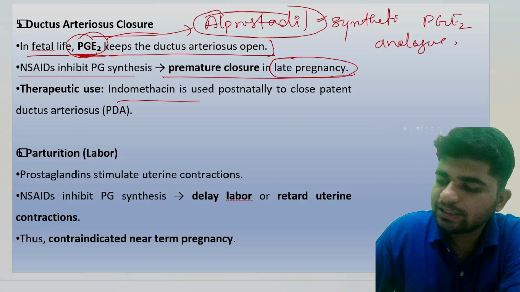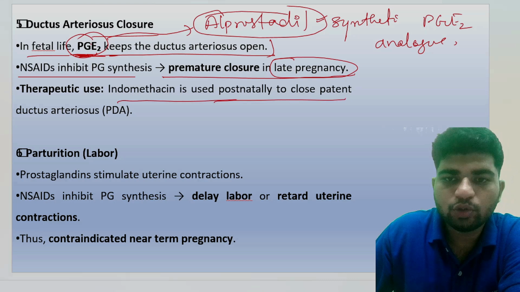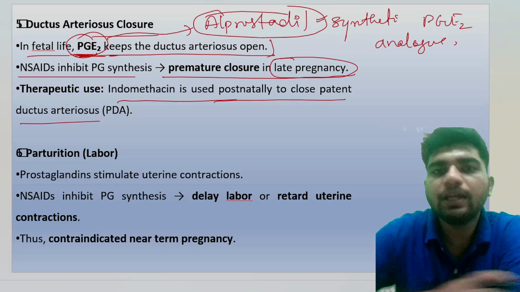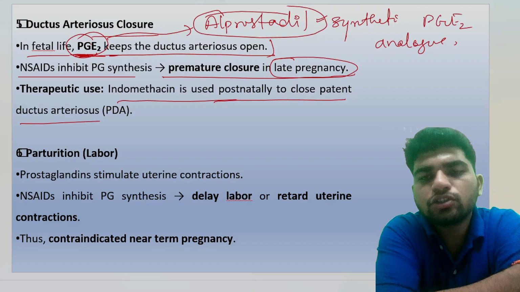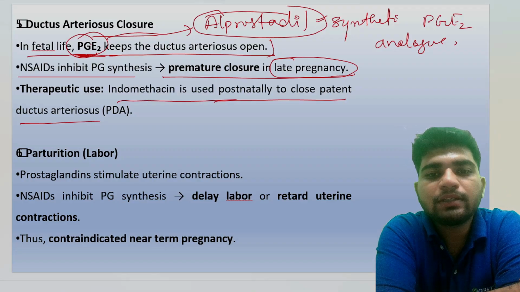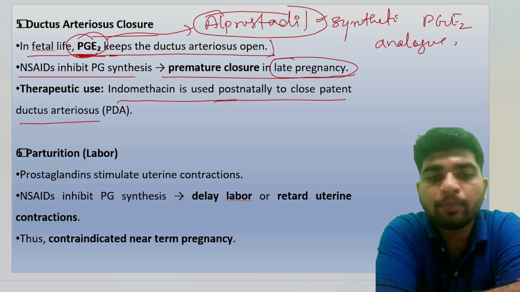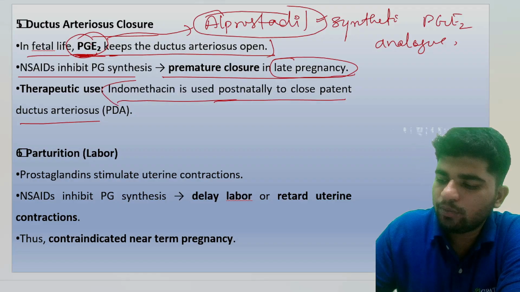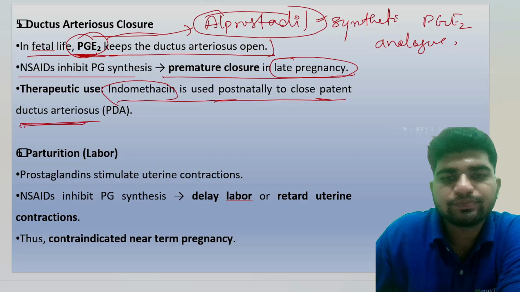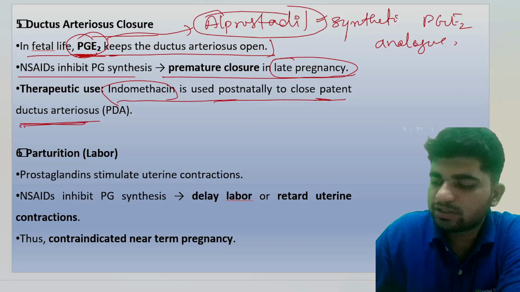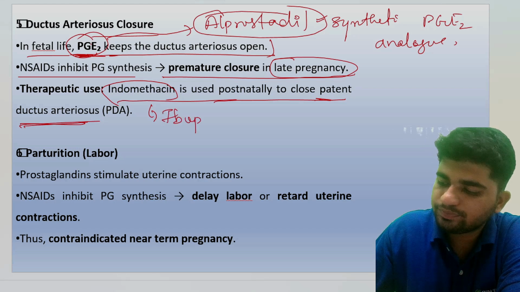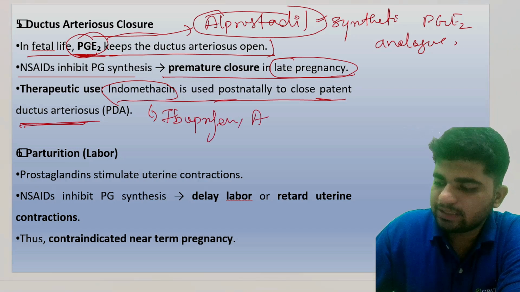Therapeutic use: indomethacin is generally used postnatally to close patent ductus arteriosus. In some conditions the ductus arteriosus does not close automatically during labor. At the time of delivery, indomethacin is given to close the patent ductus arteriosus. Apart from indomethacin, also ibuprofen as well as aspirin.